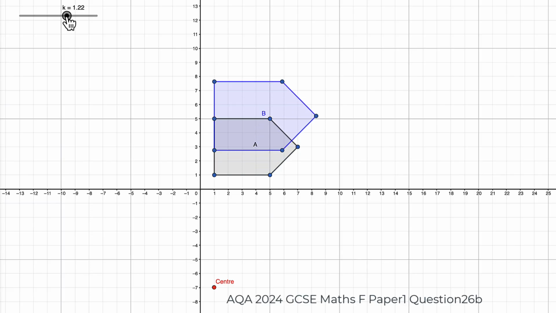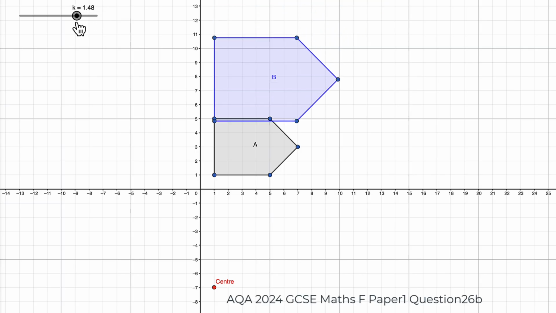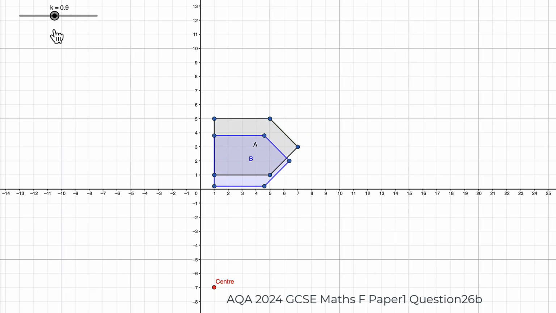When the scale factor goes larger than 1, for instance, suppose we end up at 2 for the scale factor, then you'll notice that this lower edge, which had a length 4, has now got a length of 8. That's twice the size that we started with. So that's a demonstration of how this transformation, this enlargement, affects the shape B from the shape A.